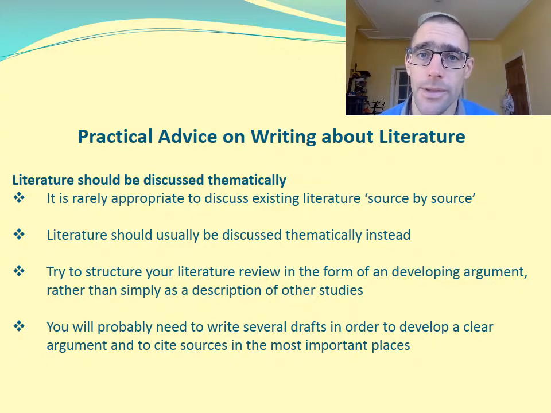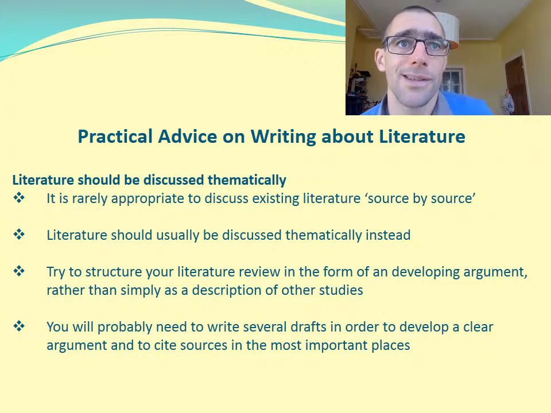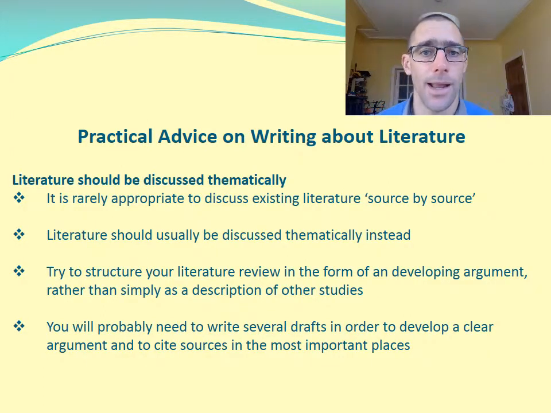Another way to help you think about research thematically and then to plan a thematic literature review is to do some sort of diagrammatic representation of the literature. For instance, a mind map or a concept map of your key themes and which studies you'll write about in relation to those themes. So a mind map as a planning step might help.